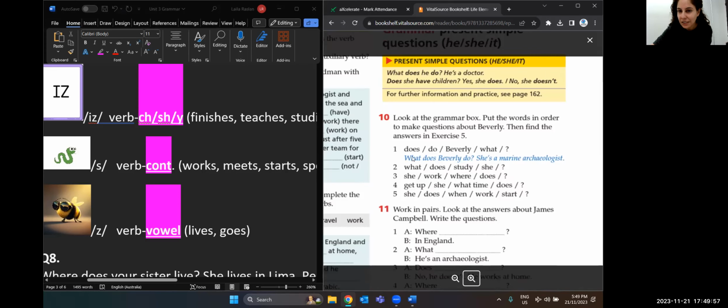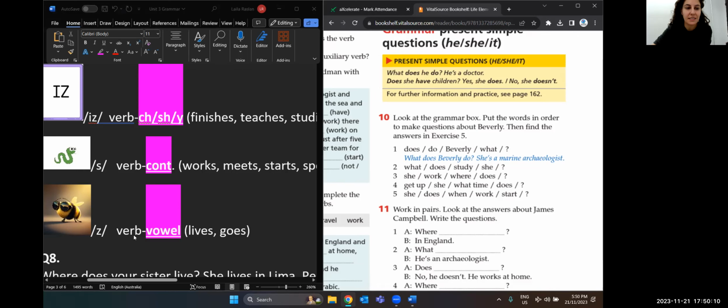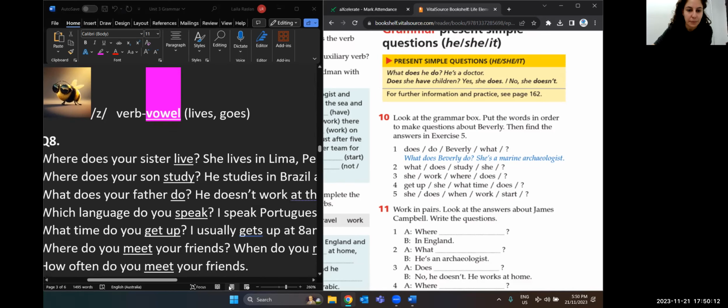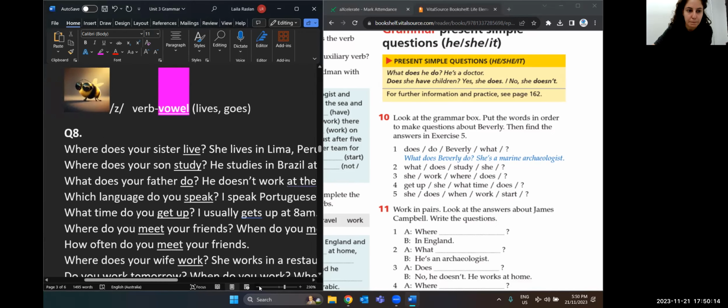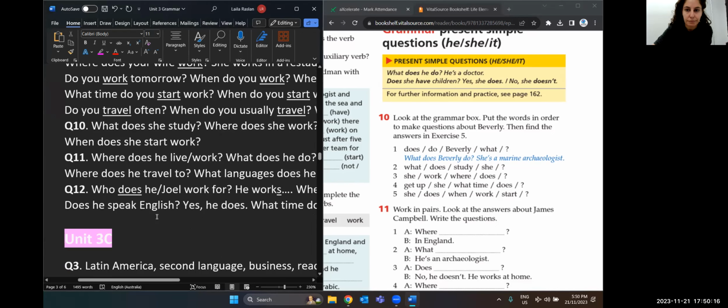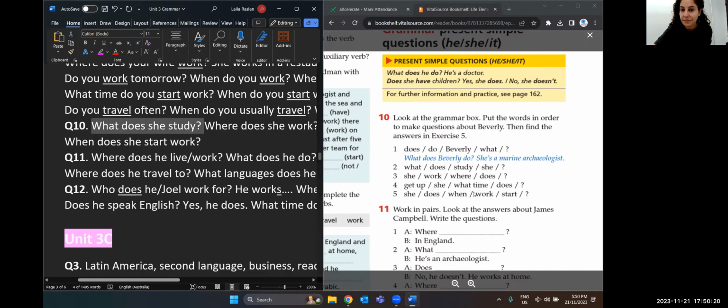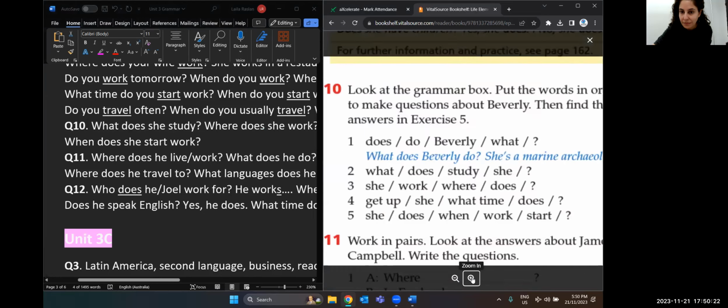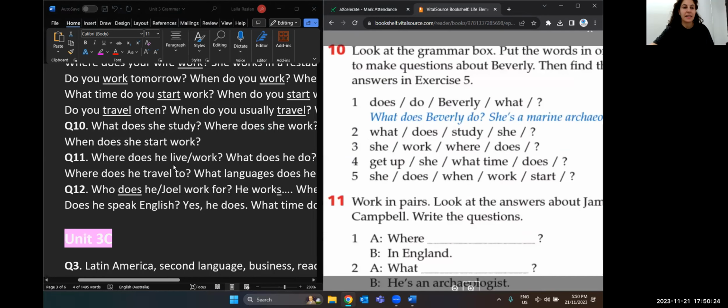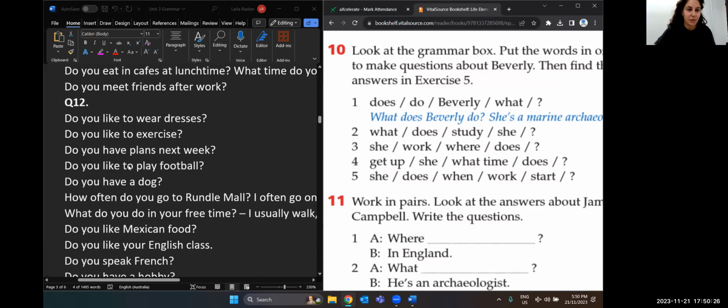So let's look at these. For number 1, we have to rearrange to make it a proper sentence. What does Beverly do? She's a marine archaeologist. Number 2, how can we make that a proper sentence? What does she study? Yep, because we know to make a question, let's look back at our rules.